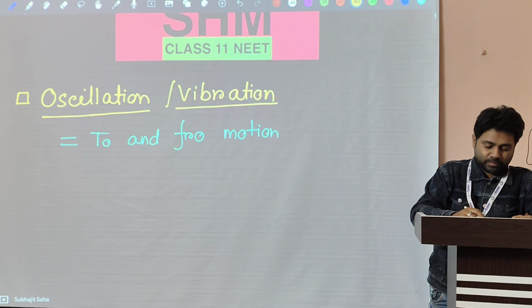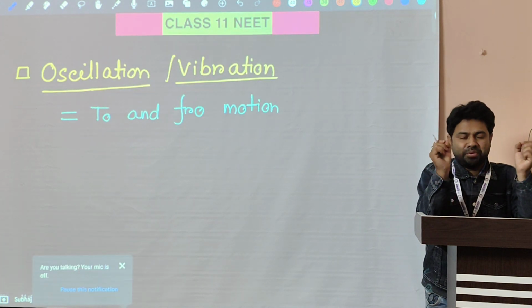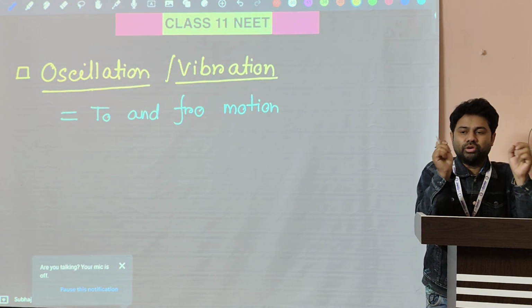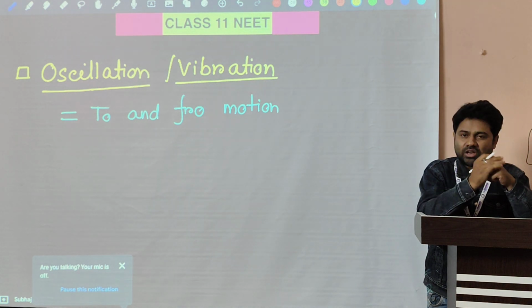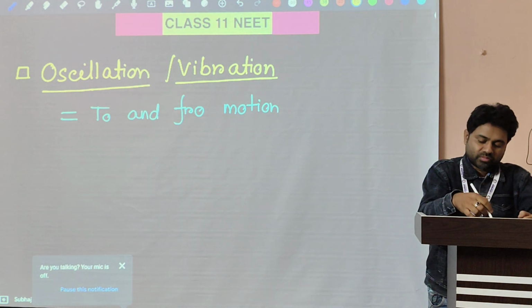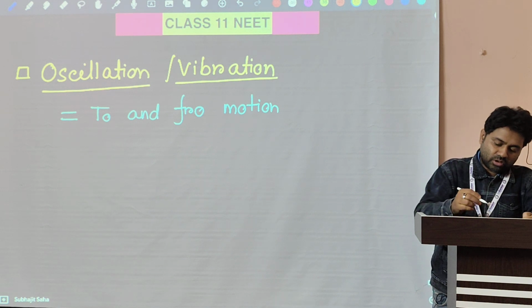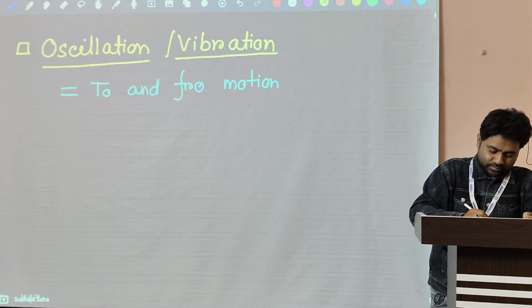To and fro means the body will move between 2 extremities, between 2 fixed points, which points are called extremities. Like, consider the motion of a pendulum.